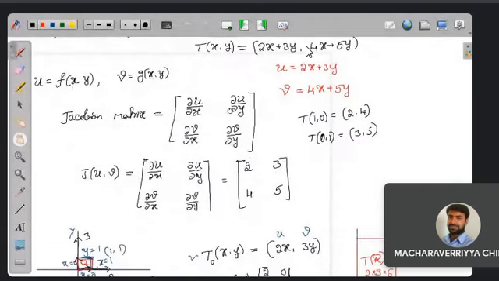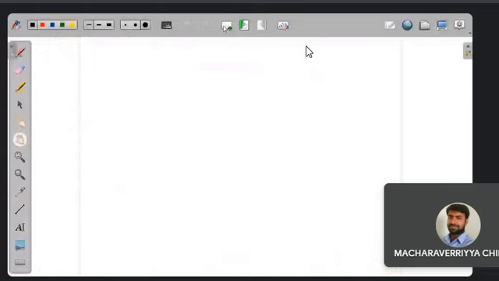Yeah, functionally dependent. So now let's assume that you are given two functions like this. One is u of x comma y, which is x square plus y square, and v of x comma y. Okay.